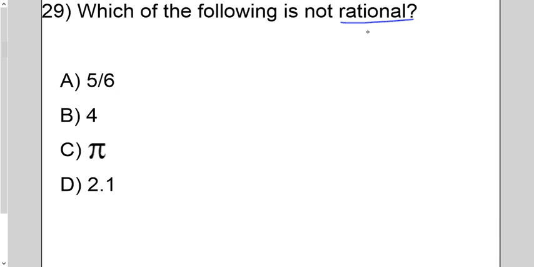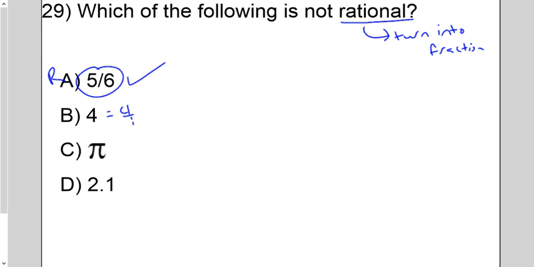29, which is not rational. Remember, rational means you can turn it into a fraction. If you can turn it into a fraction, then it's rational. Well, 5/6 is a fraction, so let's just put an R there for rational. How do I take 4 and turn it into a fraction? Put a 1 under it, so that's rational. Pi, that's irrational.